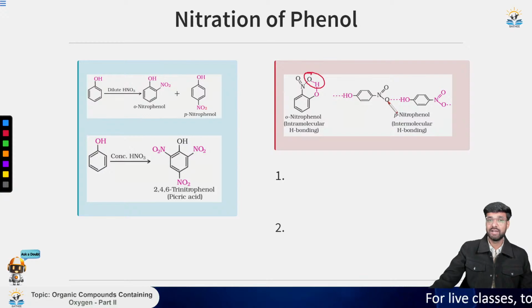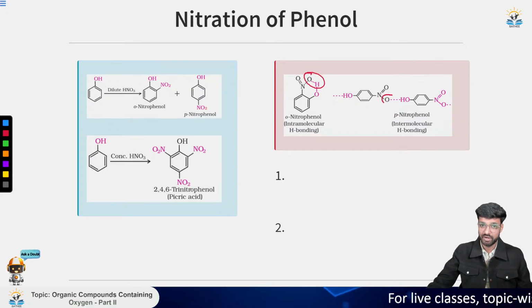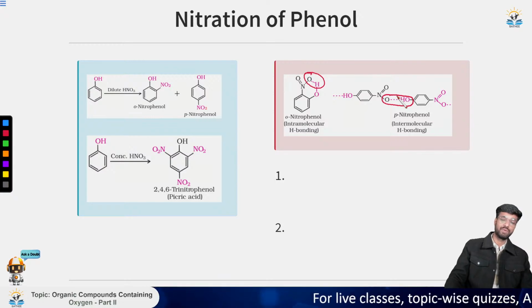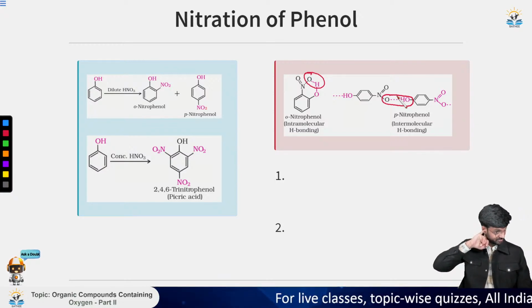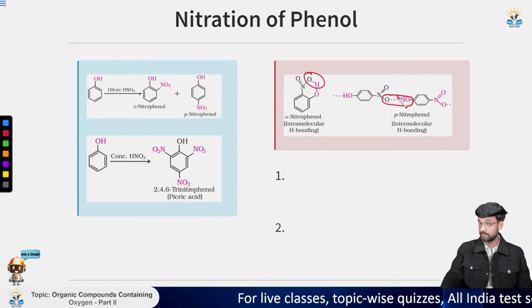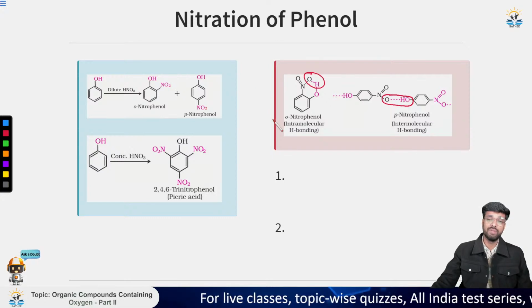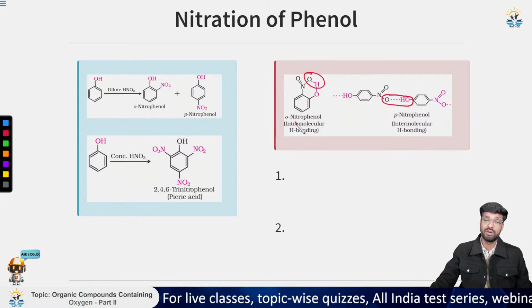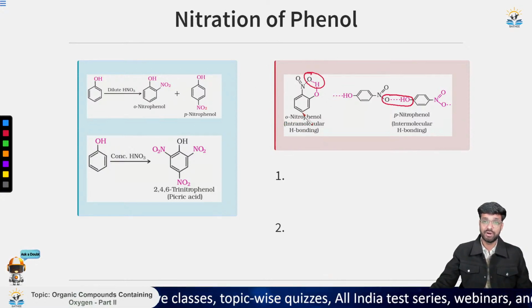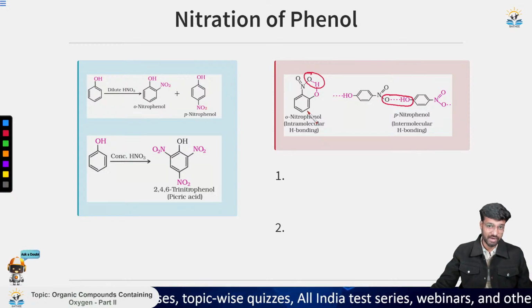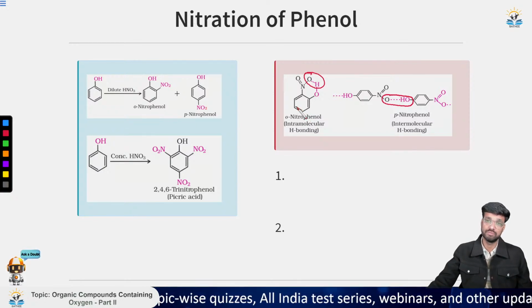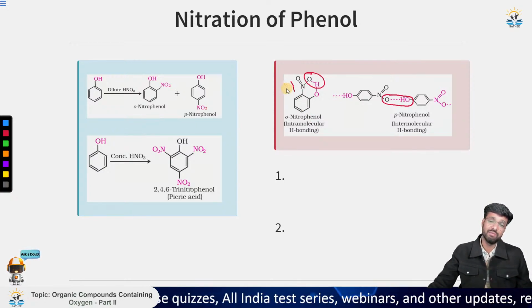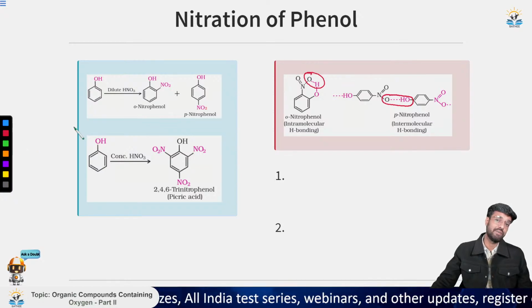Similarly, if we have the para isomer, we can also have hydrogen bonding like this between two different molecules. Now, if you see the difference between both, the first is forming intramolecular hydrogen bonding, meaning that hydrogen bonding is formed between two atoms of the same molecule. Within the same molecule we are getting the hydrogen bonding.